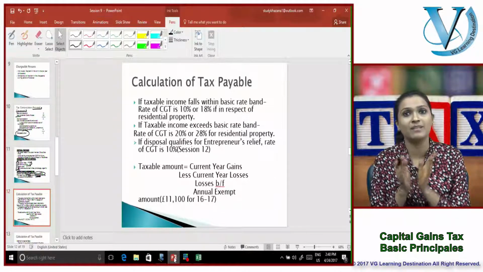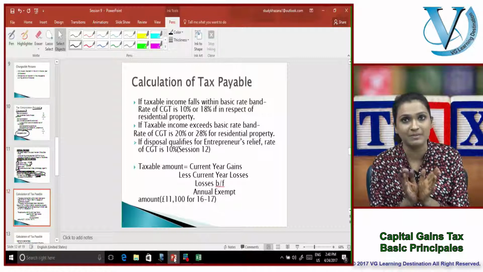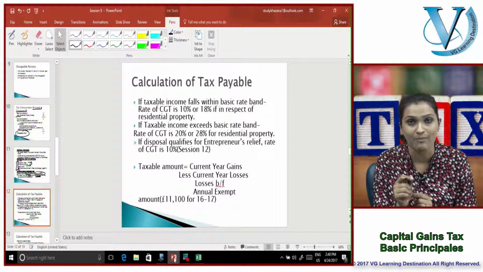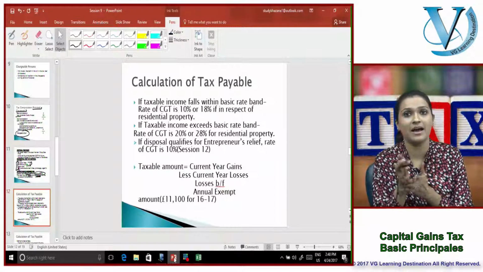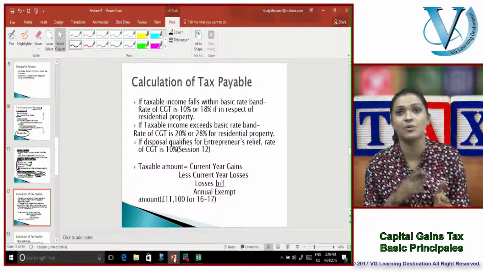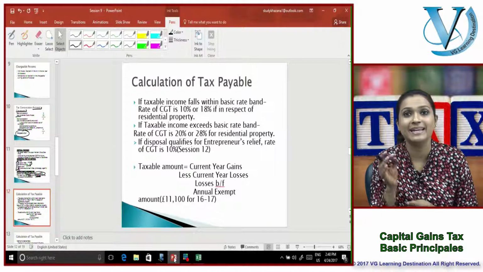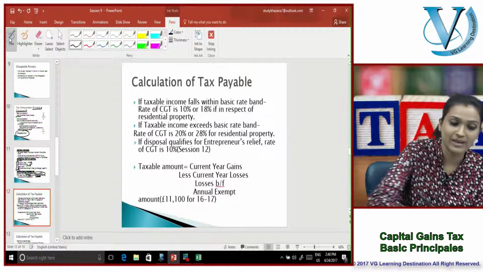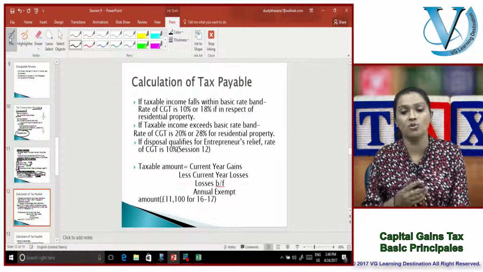Now, apart from this basic normal 10 and 20%, if the said chargeable asset is a residential property, then this basic and higher rate tax band changes to 18% and subsequently higher is 28%. So very, very simple. Let me quickly go through the rules, then I will explain it once again.